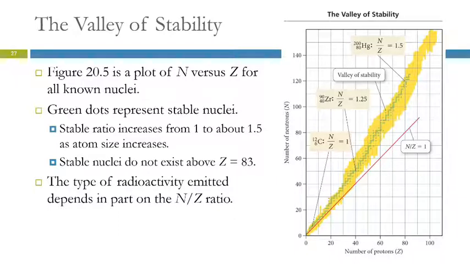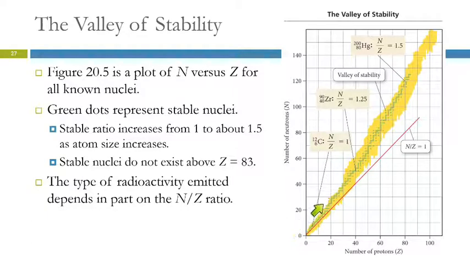So we can look at a trend in the ratio of neutrons to protons. This stable ratio starts out at 1 to 1, down here. Carbon-12 is stable. It has 6 neutrons and 6 protons, and so the ratio is 1.